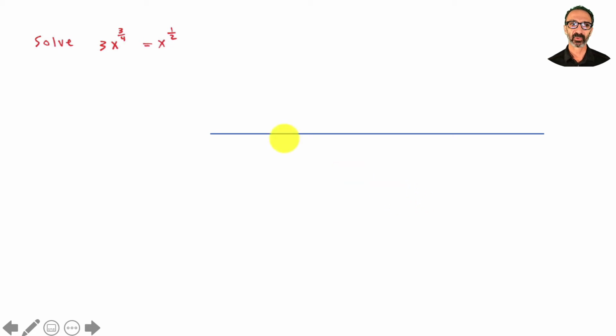3x to the power 3/4 equals x to the power 1/2. Now we have x's on both sides. We need them on one side, so we subtract x to the power 1/2 from both sides.